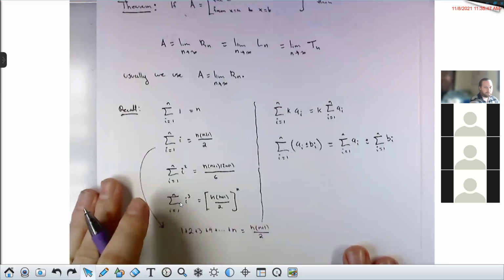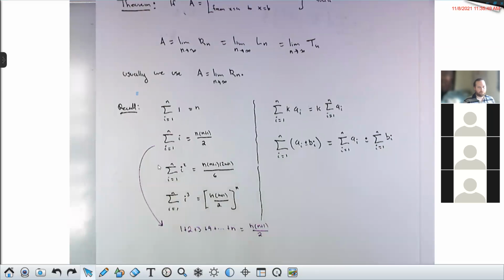So I could write this second formula in this form. And so you could write your Riemann sums out in a form like this, as long as you're comfortable applying these results in that notation. But I will always work in the sigma notation because it's just so much less writing.